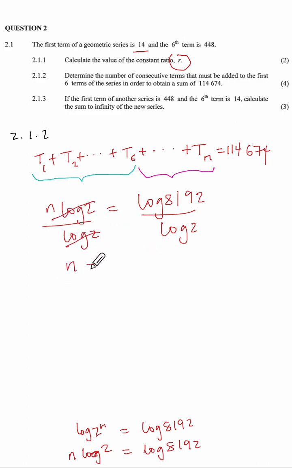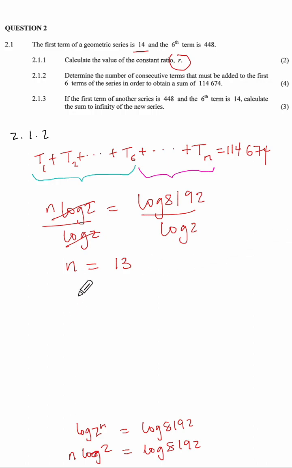So I would remain with n is equal to, then we punch our calculators to see what log 8192 divided by log 2 is. It gives me 13 straight.